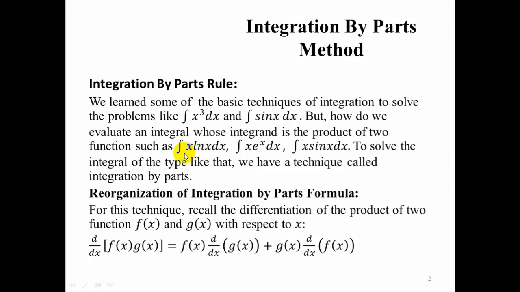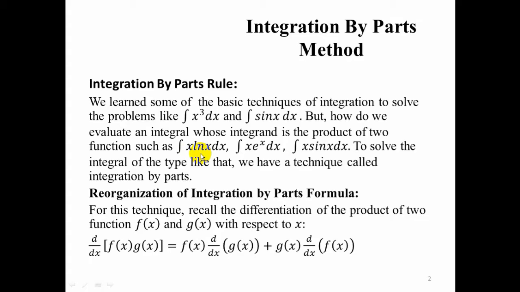But if we do not use these two rules, and we cannot evaluate the integration by using these rules, then sometimes we use the substitution method in the form of product and quotient. So when two functions are multiplied and two functions are in divided form, we can use integration by substitution.